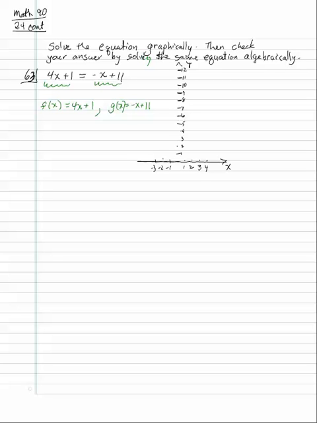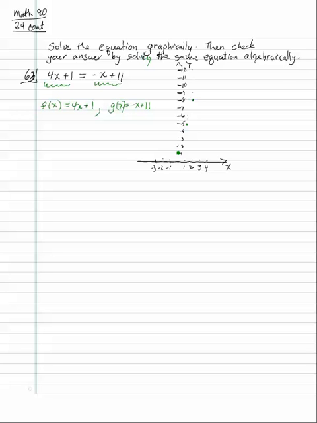The one on the left, f of x, is 4x plus 1, so we're going to start at y-intercept 1. The slope is 4, so go up 4 to the right 1, up 4 to the right 1, up 4 to the right 1.